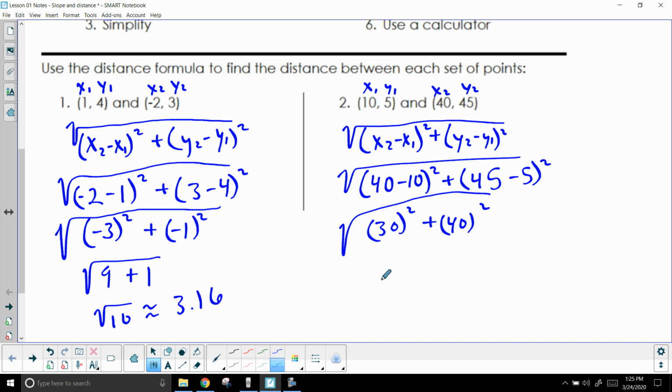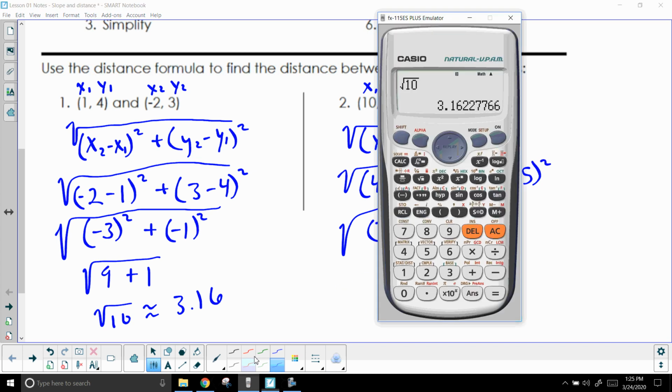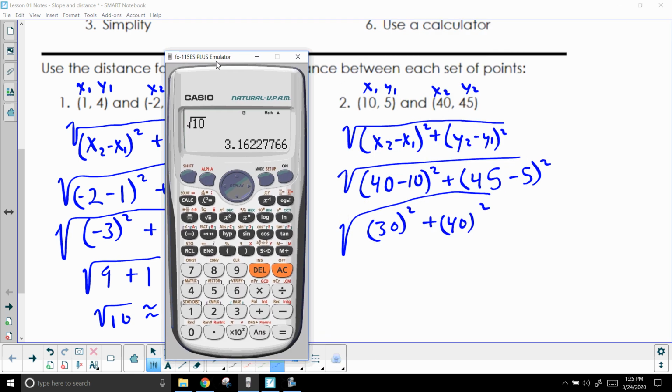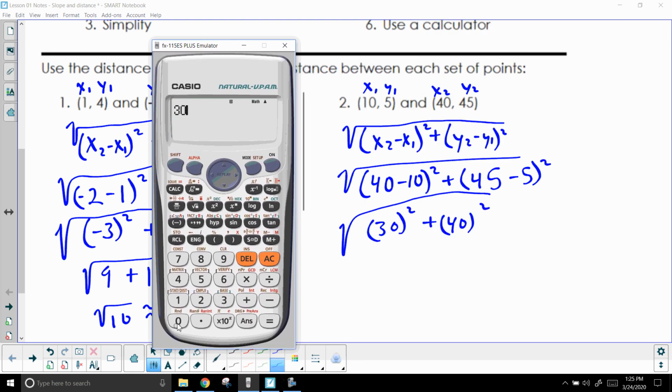Okay, and look, these are pretty big numbers, so no shame in using the calculator. 30 squared is 900. 40 squared is 1600.